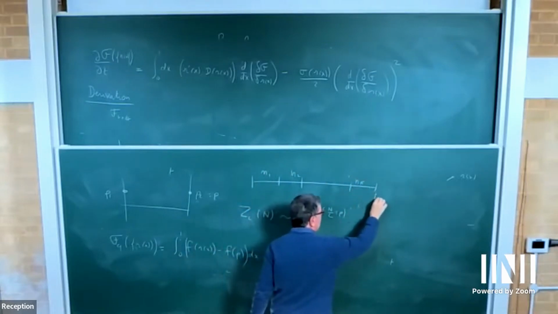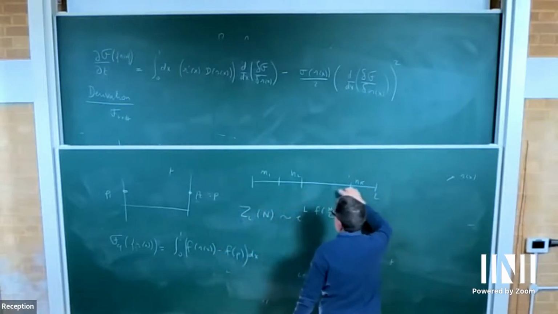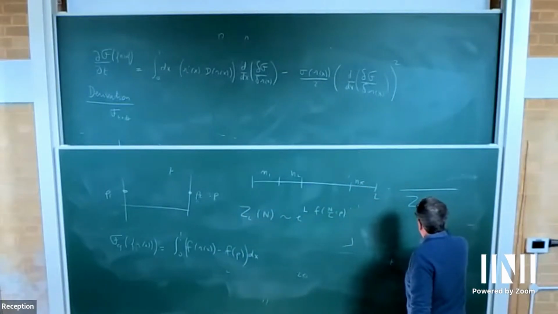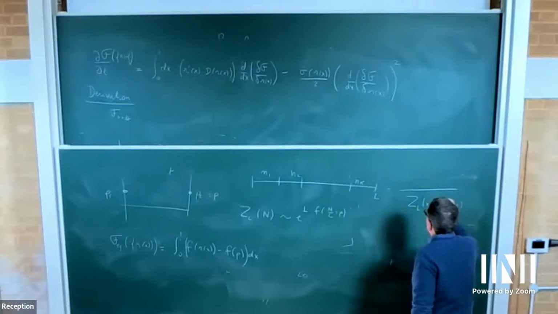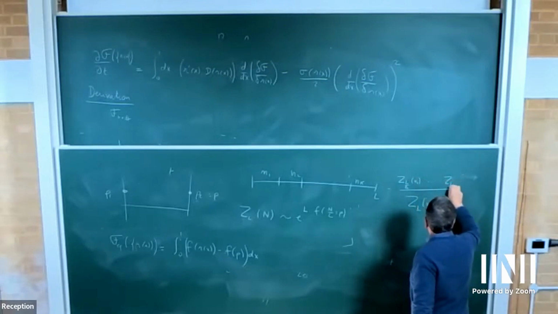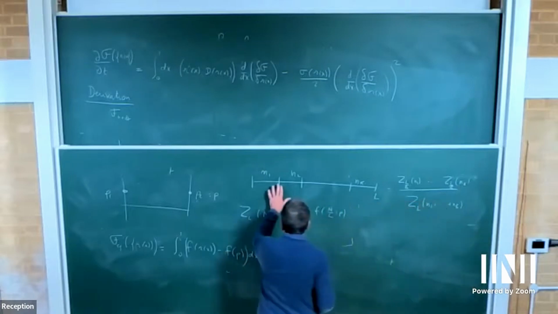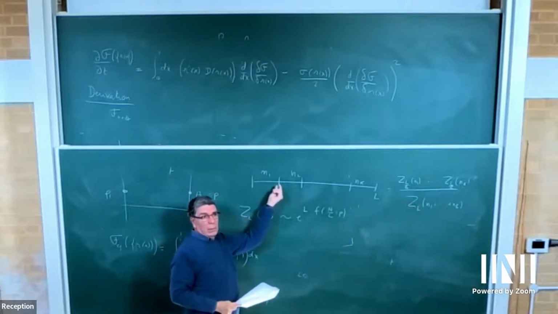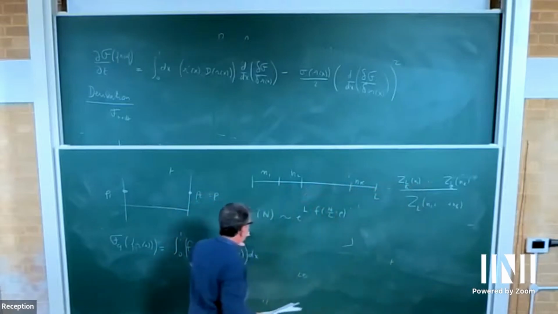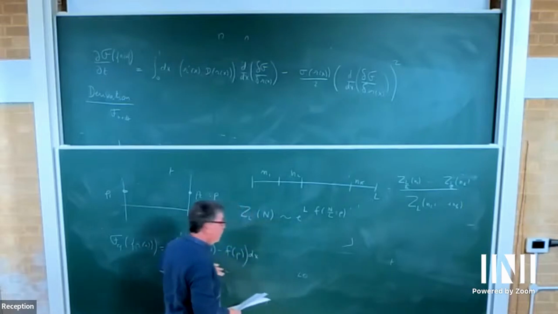I have a system of size L, then the probability of that will be Z_L of L1 times Z_L of L2. Essentially, when the system is very large, you can neglect the boundary effect, so you have just a product of that, and then when you write that Z is of this form, you get it.